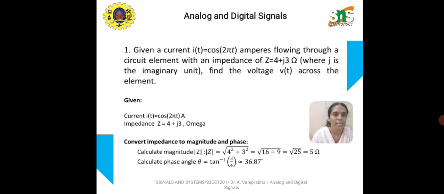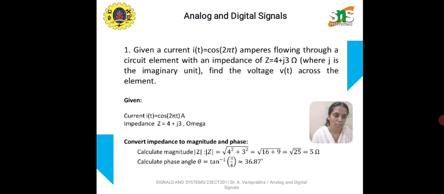The resistance arm which is added with either the inductive element or the capacitive element is named the impedance arm, right? A resistor, along with that there will be an inductor or a capacitor or both. If there is only one element, it means one imaginary portion, right? Therefore Z is equal to 4 plus j3 ohm. These are the two parameters given in the question.